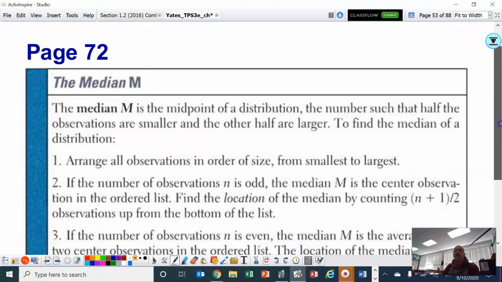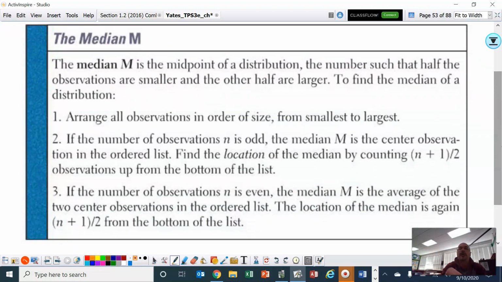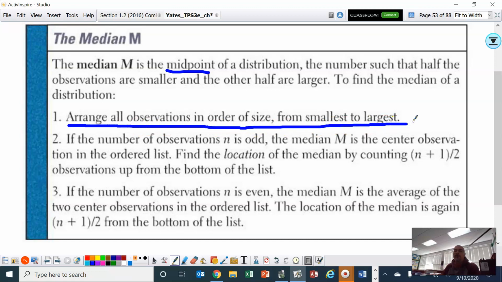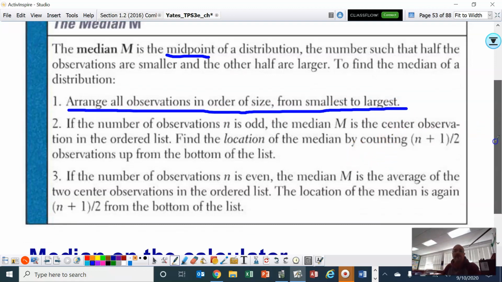So the median, remember, that's the midpoint. Okay, it's the halfway. Half of the observations would be to the left, the smaller ones. Half of the observations would be to the right, the larger ones. But remember, you have to arrange them in order before you can find the median. Okay, this is going back to middle school stuff here, folks.